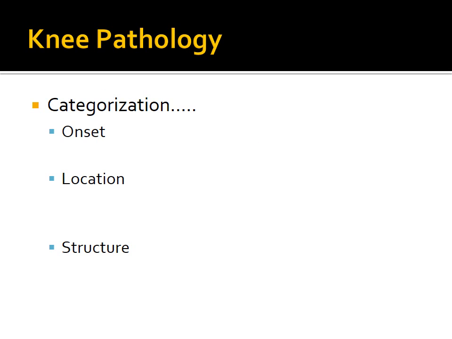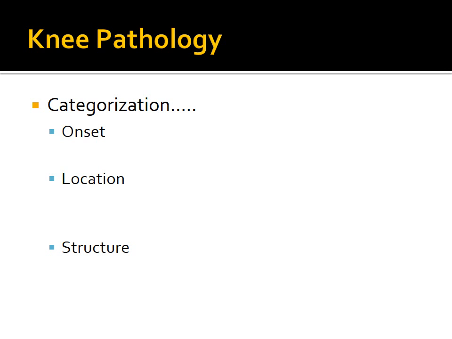So you probably realized long ago that we're big fans of categorization to help make a broad range of information easier to understand. In the knee unit, we are primarily going to differentiate between chronic conditions or overuse injuries and acute or traumatic injuries.